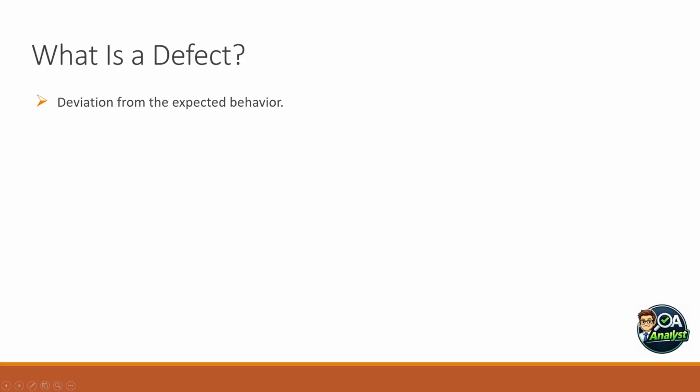Before we talk about the defect life cycle, let's first understand what a defect actually is. A defect is a condition where the actual behavior of the application does not match the expected behavior.